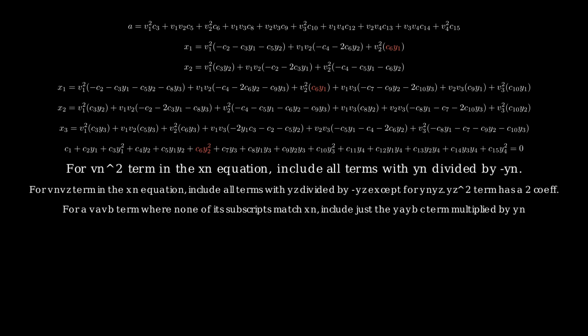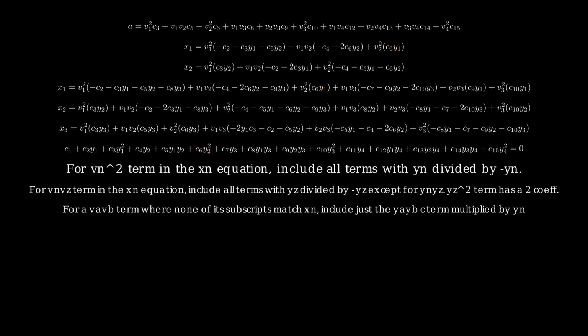So in this case it'd be c6 y2 squared. But instead of including that y2 value, it's the yn value, where n is xn, the equation that it belongs to. That's incredibly complex and confusing, but I've written the 3 rules below everything, so convince yourself that you can apply these 3 rules for each of those v terms, and that the values that you get out of those rules match what's shown on the screen.